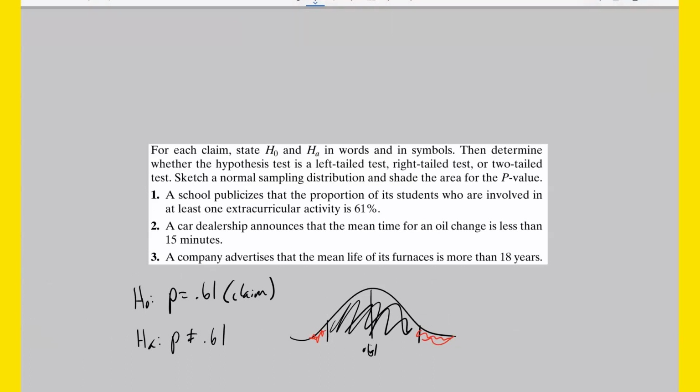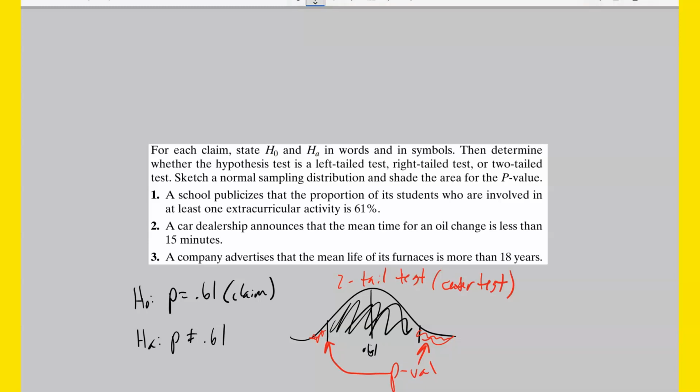So that would be a two-tailed test, or we might even call it a center test. And so the p-value would correspond to that red area that I shaded right there. The p-value would correspond to those areas under the curve.